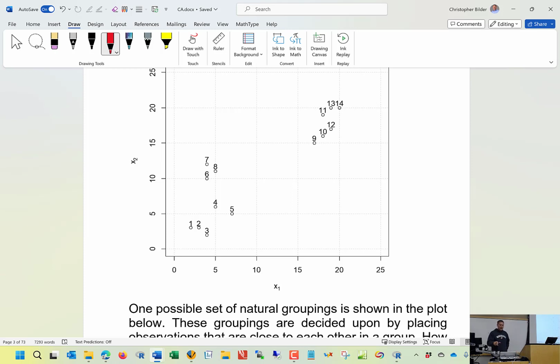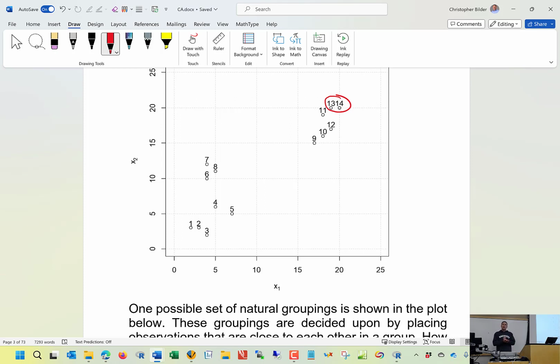Suppose I look throughout this plot and try to find the 2 observations that are the most similar to one another. In other words, the closest to one another. What would I choose? Well, just by eyeballing it, you could say probably 13 and 14. So the way that a hierarchical clustering method will start is to say, okay, let's join 13 and 14 together.